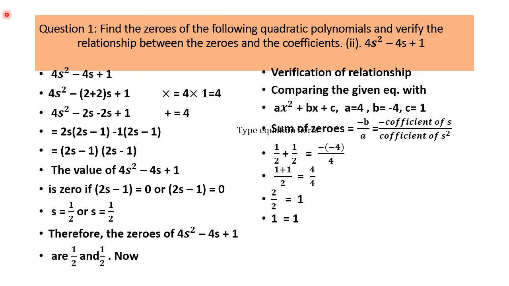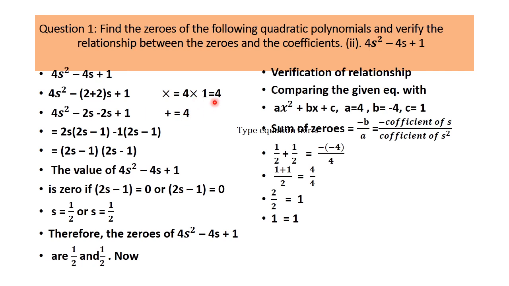Next, this is the second part of question first. Now here the equation is 4s square minus 4s plus 1. In the same way we will multiply the first and last term, 4 into 1, 4, and the last term sign is plus, so plus 4 equals the middle term 4.